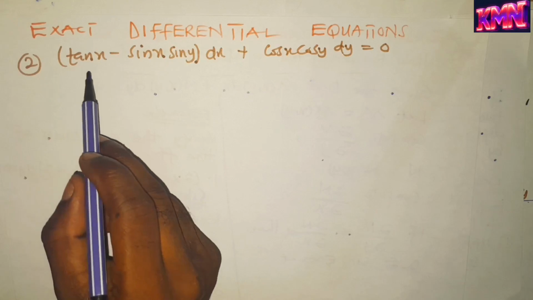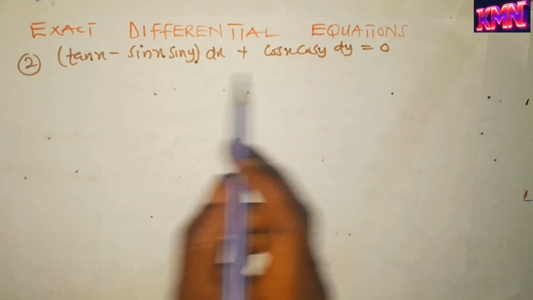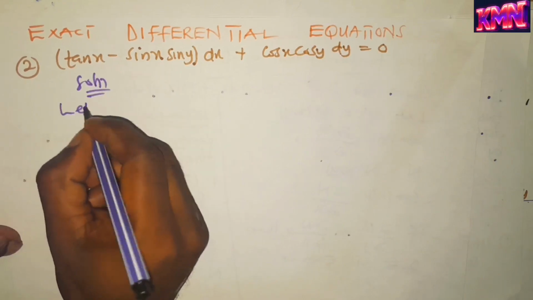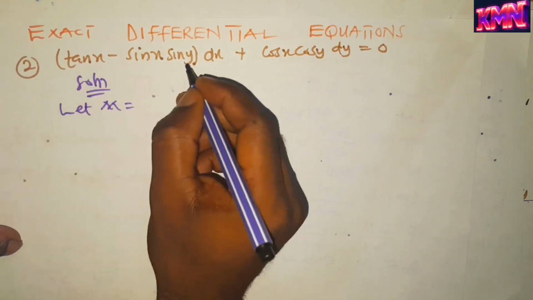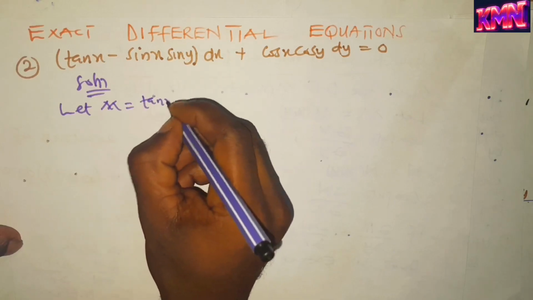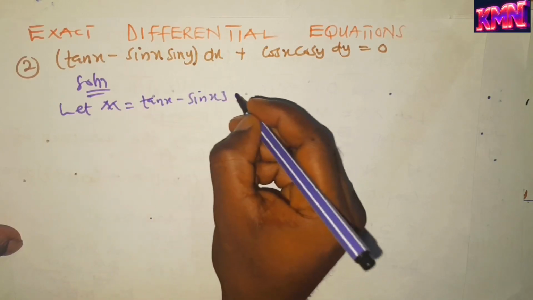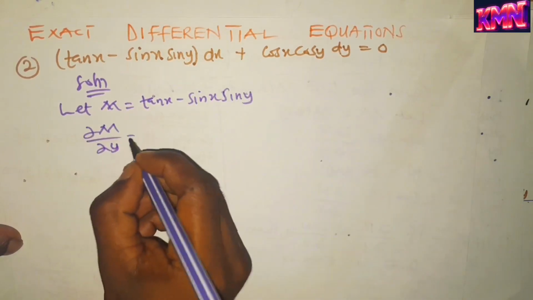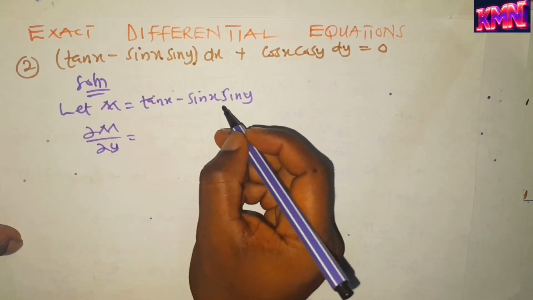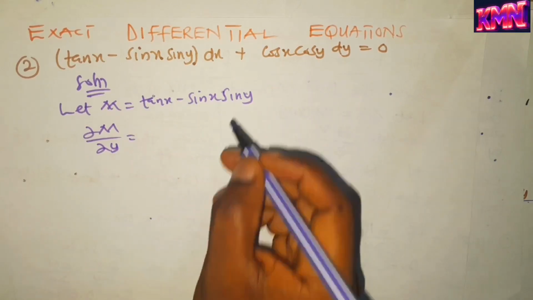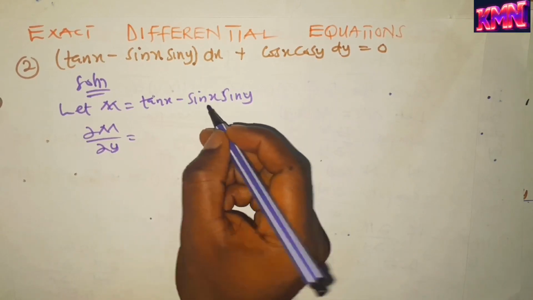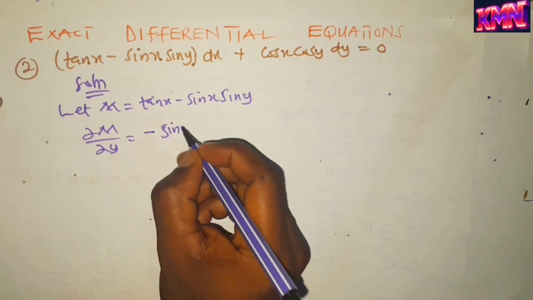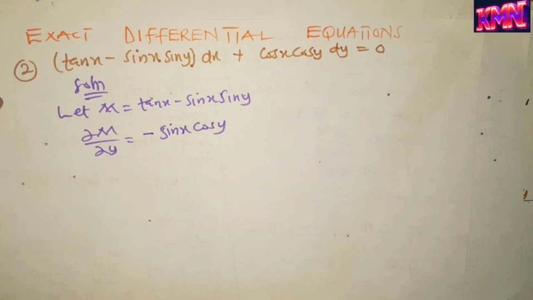Our second example also says you should find the exactness of this, whether this is exact or not. Solution: let m equal what we have here, that's tan x sine x sine y. Del m del y will give us, this goes to 0, and this acts as a constant, so we are going to have negative sine x cosine of y.